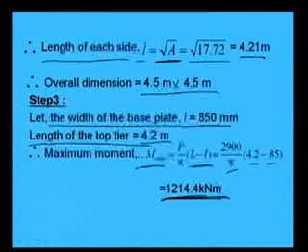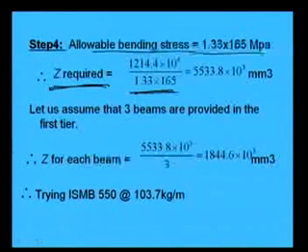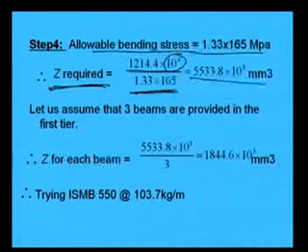So, from that we can find out 1214.4 into 10 to the 6 by 1.33 into 165. 10 to the 6 we are multiplying to convert from kilonewton meter to Newton millimeter. So, after calculating this, the section modulus we are getting as 5533.8 into 10 cube millimeter cube, right.